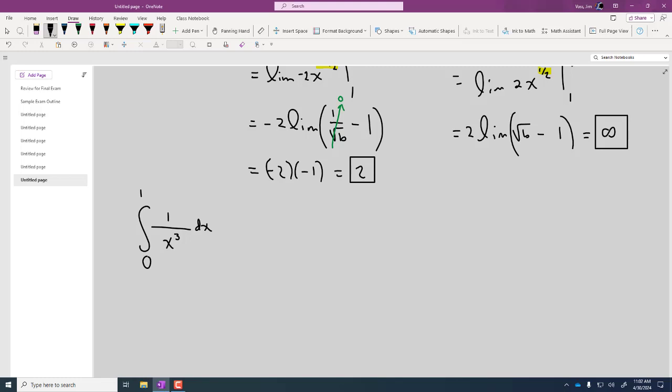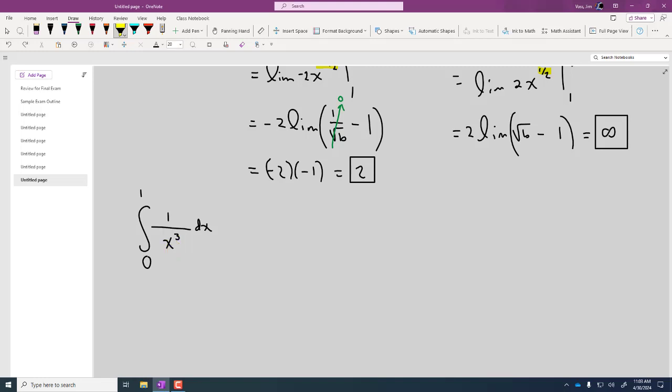When you look at that, based on most Calc 1 classes, you see numbers and you say, oh, it's a definite integral. But no, it's not a definite integral unless this function is defined on that interval. And the function is not defined at 0, so it's not a definite integral, it's an improper integral.